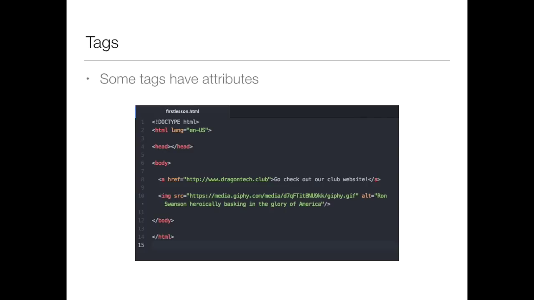For this HTML tag, I put the attribute lang, which, as you may have guessed, stands for language, and then I set that equal to EN, the code for English, US English. Pretty straightforward there. Now, the A tag down here defines a link.